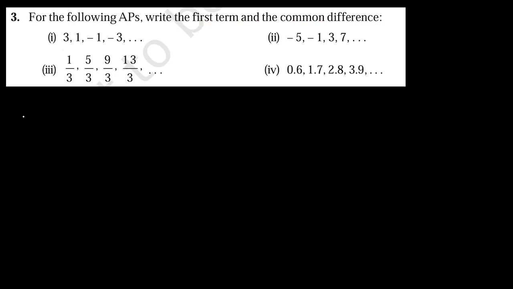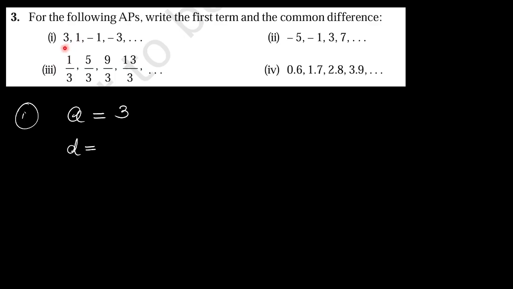For the first one, what is the first term? The first term is 3. Understood? Now the common difference: the common difference is any term minus the previous term. Or you can think this way: which number is to be added to 3 to get 1?